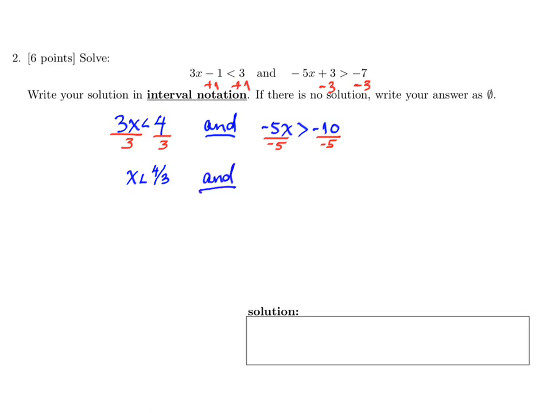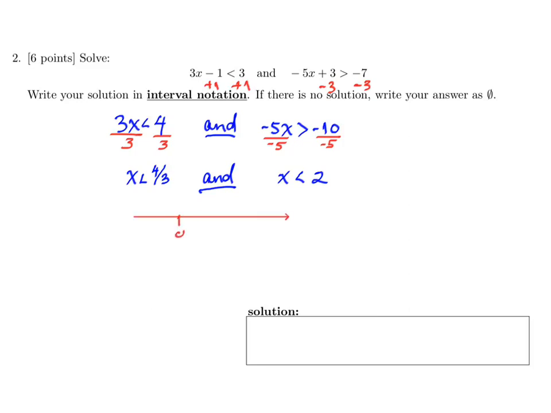So we have x has to be less than positive 2. And notice that I reversed the inequality. It was greater than, and I switched it to less than because I divided by a negative number. So now, x is any number that is both less than 4/3 and less than 2.